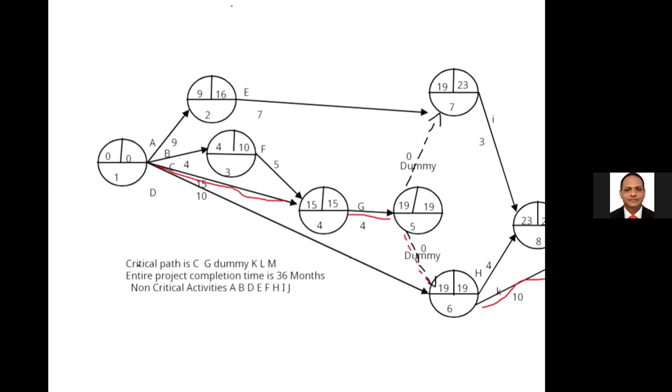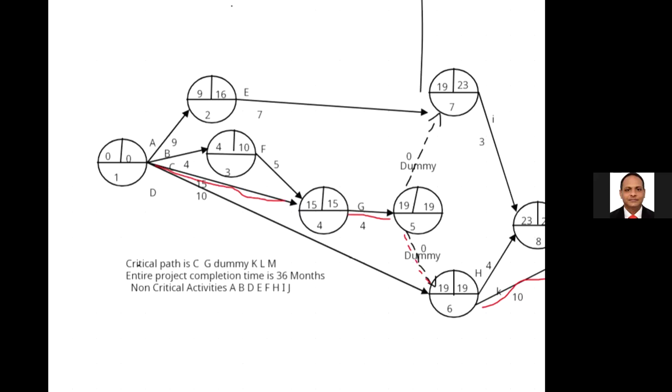Now backward, we should, I think, 5th and 7th, 8th event. Yes. The 5th event, the value 19 is correct. For event number 6, 19 minus dummy value is 19. 23 minus 0, we select the least value when I'm going to calculate the latest completion time. That's the reason the 5th event is 19. Least value, no, 23 minus 0, 23. 19 minus 0, 19.